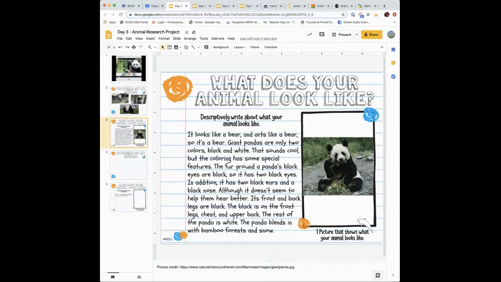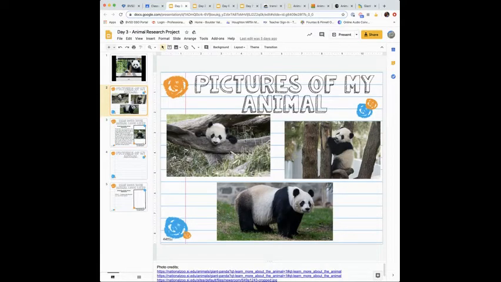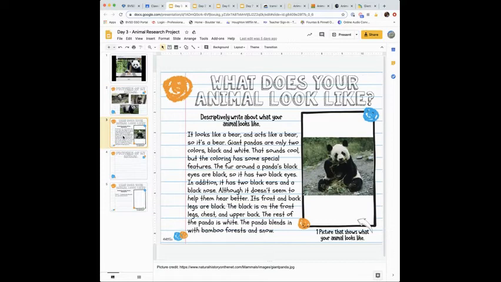Also, I have this really great slide here with a lot of information about what does it look like. And you'll remember that when I was thinking about this, I had been really careful to choose my pictures that I included so I could be looking at this animal to describe it. And I talked out loud about what I was thinking, and then I typed those things that I was thinking.